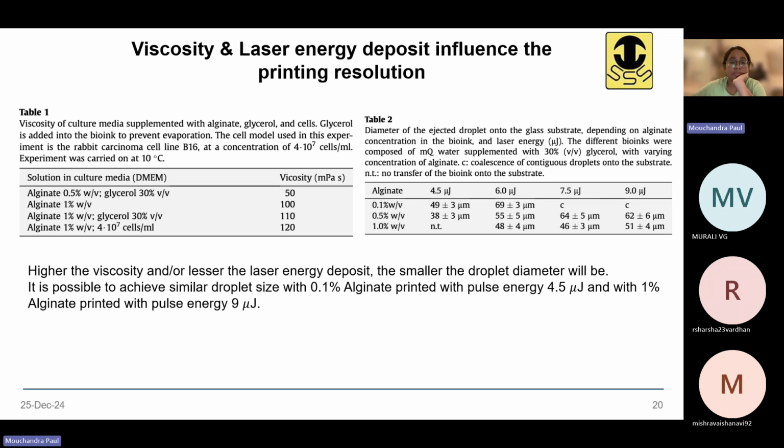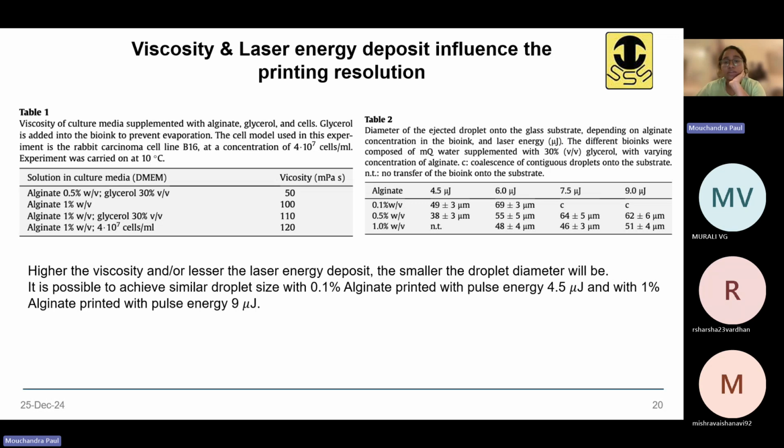So what this result implies is that if you want to change the printing resolution, that means if you want to change the diameter of the deposited droplet for this process, then you have to play around with the viscosity parameter as well as with the laser energy parameter.